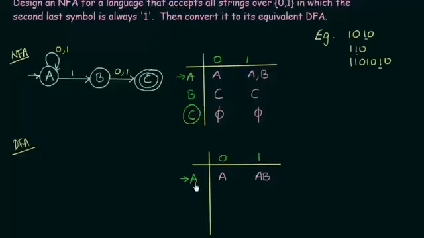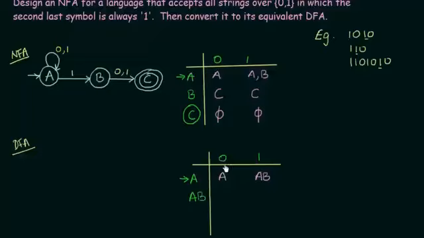So I've already written for A. The next thing is AB. So we will talk about state AB. In order to see where AB goes on getting input 0 or 1, what should I do? I should go to this table and I should look at both A and B, and I should perform the union operation of A and B on getting particular inputs.